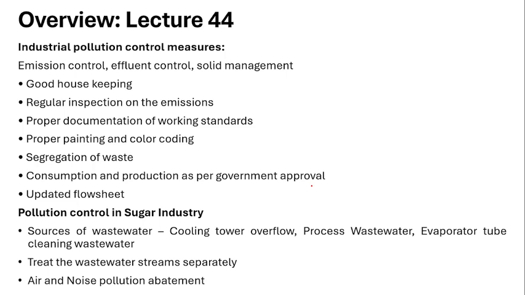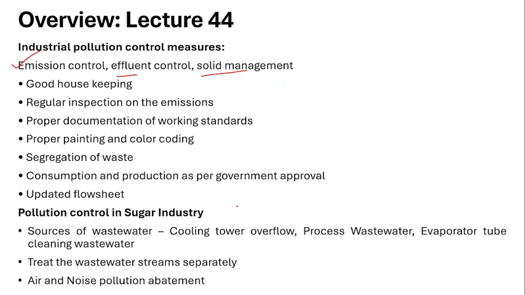Keeping this in mind, for the gaseous pollutant or emission type of pollutant, emission control should be there, and the effluent produced from the industry should also be controlled. Next, the solid waste produced from the industries should also be managed. So all three types of pollutants should be controlled and managed in the industries.